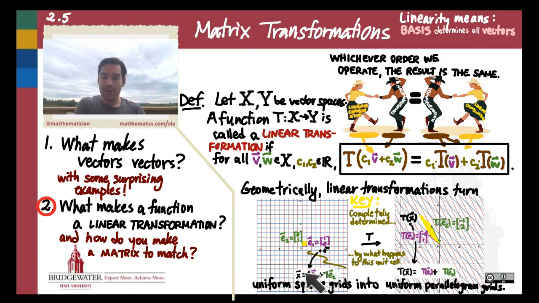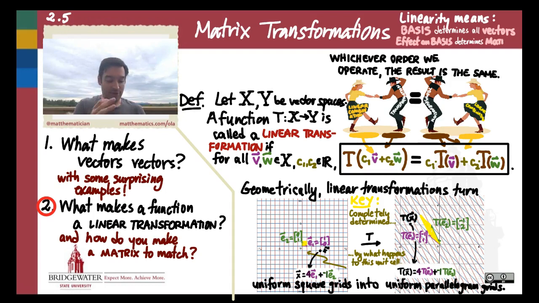The image of 4e1 plus negative 1e2 is going to be 4 times the image of e1 plus negative 1 times the image of e2. So if x is made from 4 purples and negative 1 green, then the image of x will be made from 4 of these purples added to negative 1 of those greens. That's the magic of linear transformation.